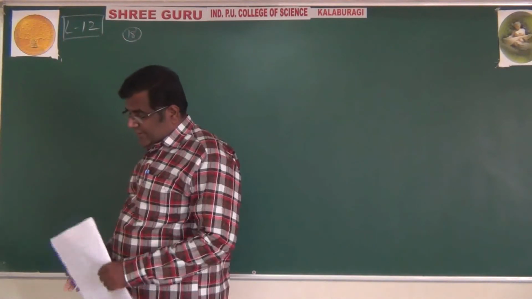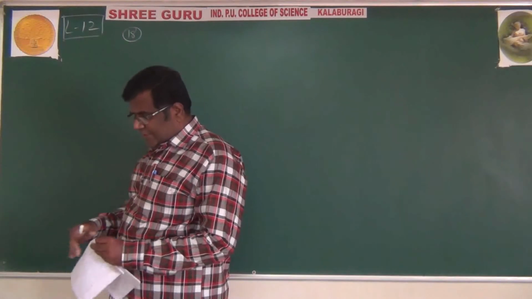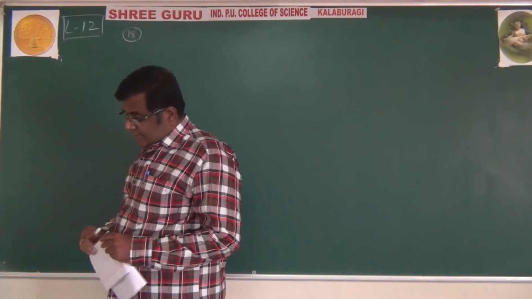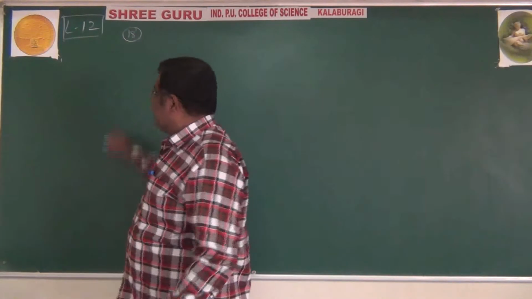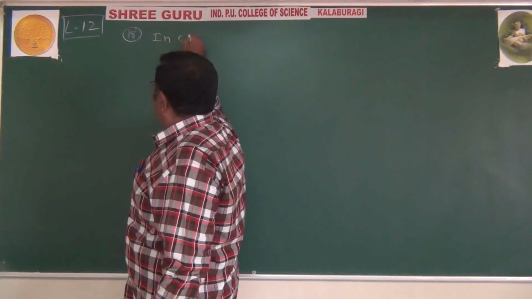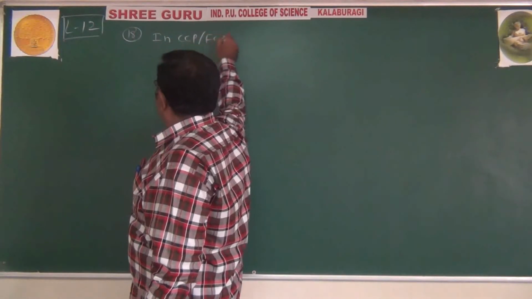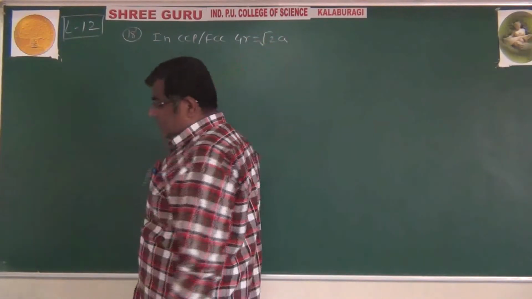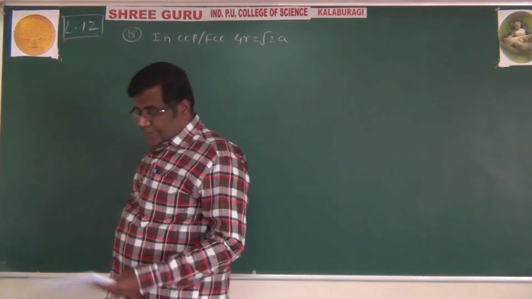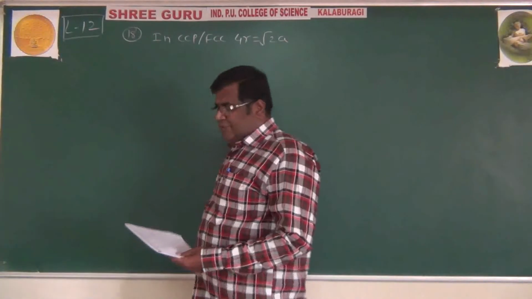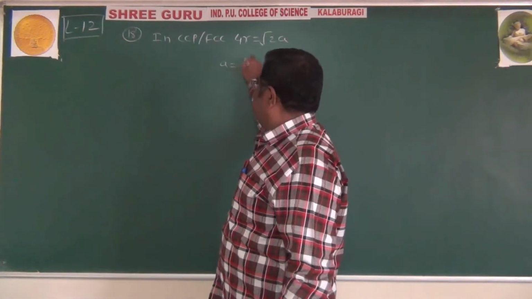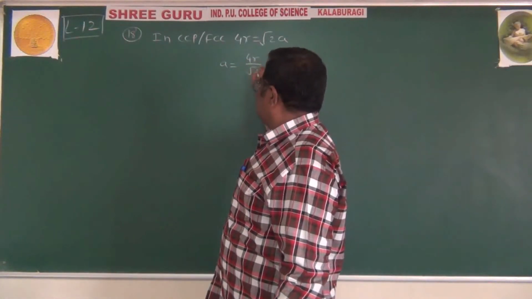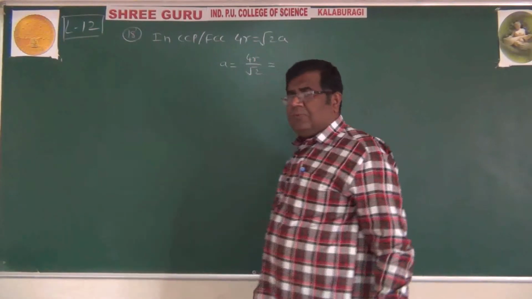Numerical question bank. Aluminium crystallizes in a cubic closed packed structure. So you can say CCP, which is nothing but FCC, 4 times the radius is equal to square root of 2 a. And they asked about the edge length. So a equals 4 times the radius divided by square root of 2.